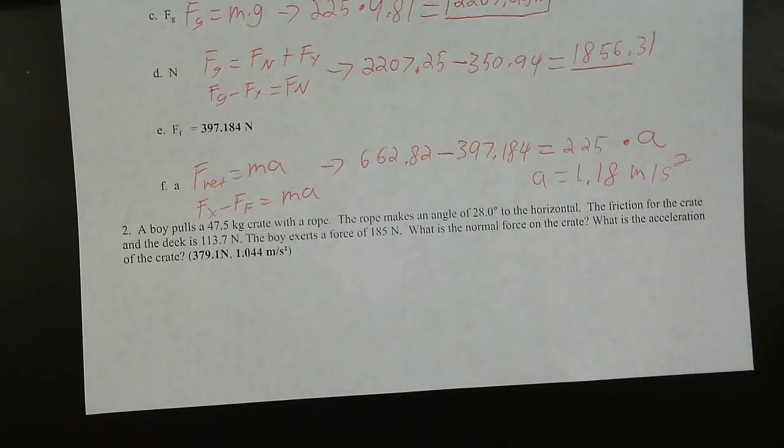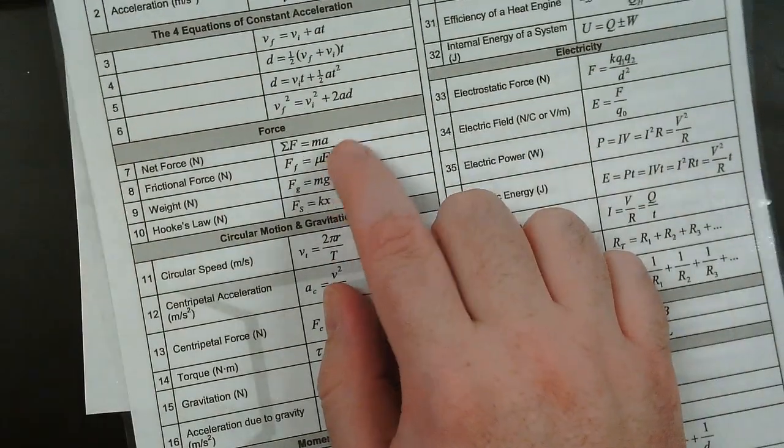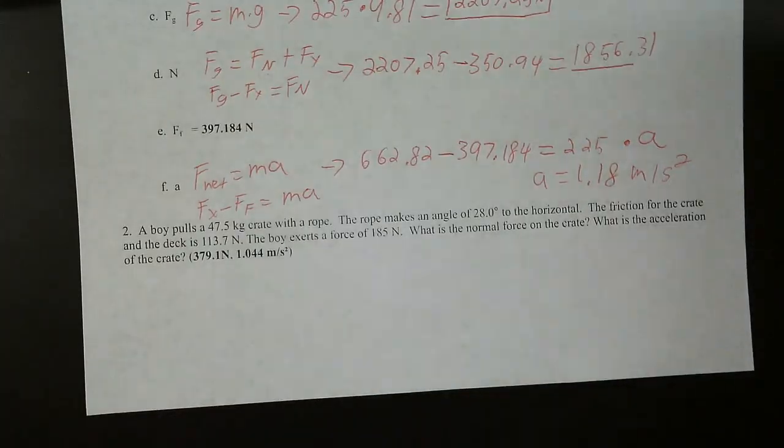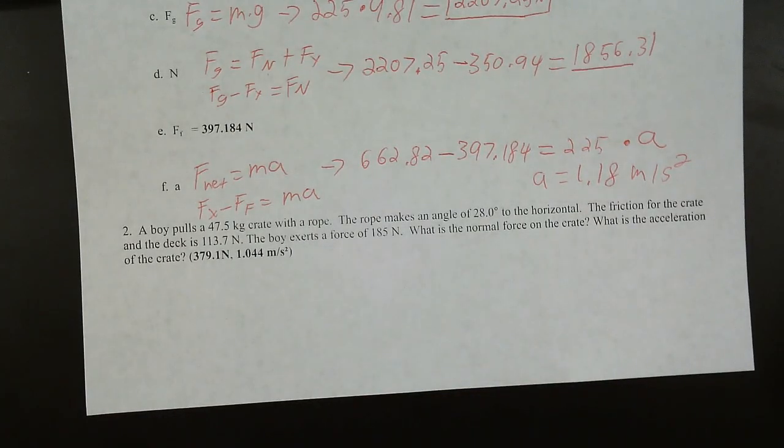I also don't know the friction. Anyways, I digress, that is next time. Since I cannot use the friction formula here, my only option is to use my free body diagram.